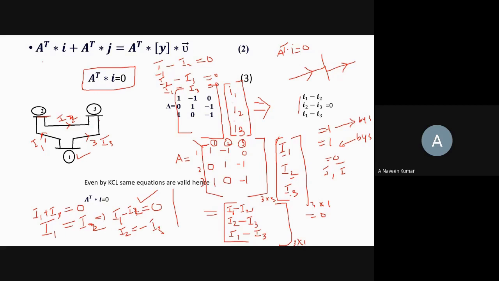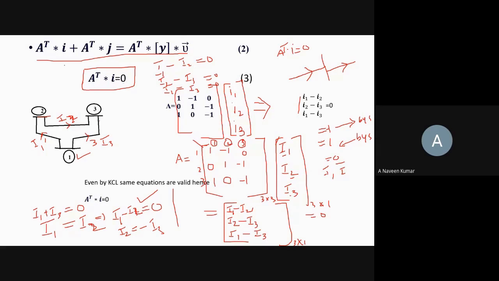What I am trying to say is, this is equation 2 after multiplying with A transpose. Now in this step, I am replacing A transpose into I with 0. Why? Because to calculate the branch currents, always A transpose into I must be equal to 0.